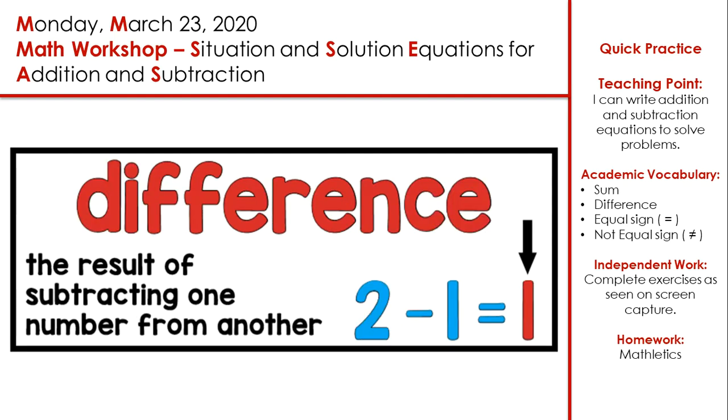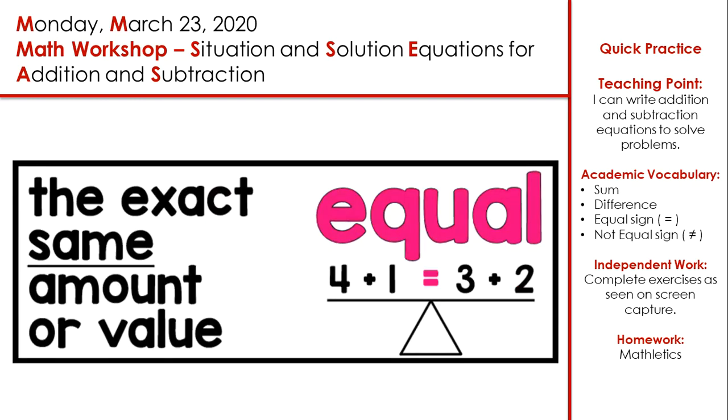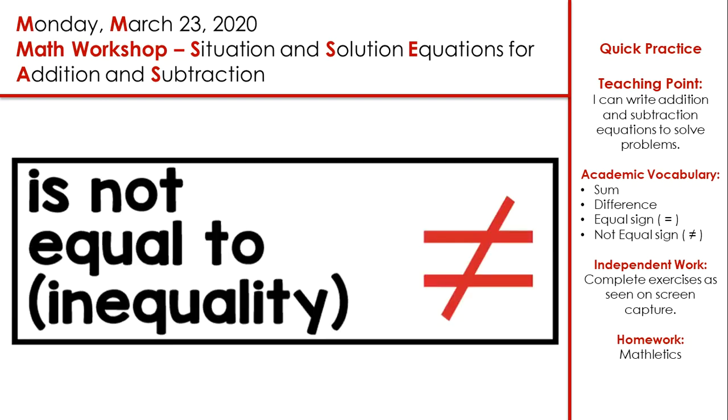Now we move on to difference, which is the result of subtracting one number from another. So this time, the result of subtraction is called difference. Then we move on to the equal sign, which states that two expressions have the same value.